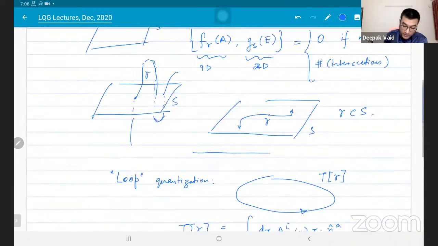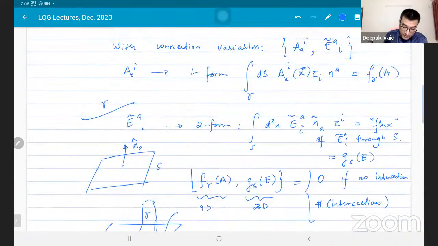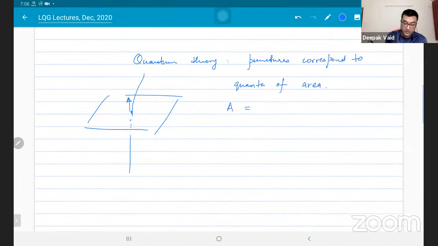Right now, this flux operator only has one copy of E. We can also define an operator which contains two copies of E. That operator corresponds to this expression, which is the area of a two surface.